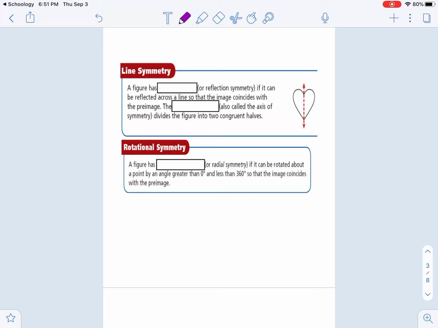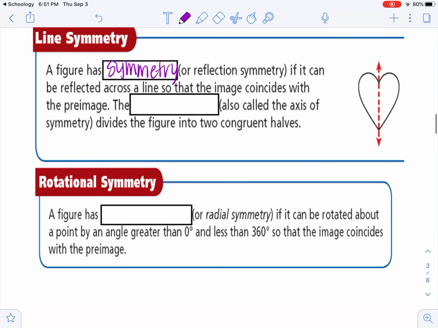Okay, so let's talk about two different types of symmetry. We have line symmetry and rotational symmetry. A figure has line symmetry if it can be reflected across a line so that the image coincides with the pre-image. So it can be reflected over this line so that this image, wow, that was bad tracing, coincides with this image here. Once again, terrible tracing.